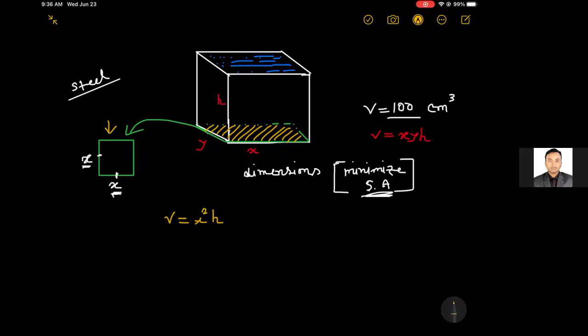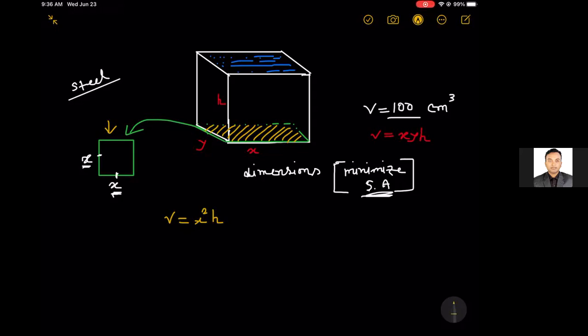Now I know that if I add the area of all the sides, I'll get the surface area of this object. So the next question would be how many sides do I need to calculate? How many sides do I have, right?